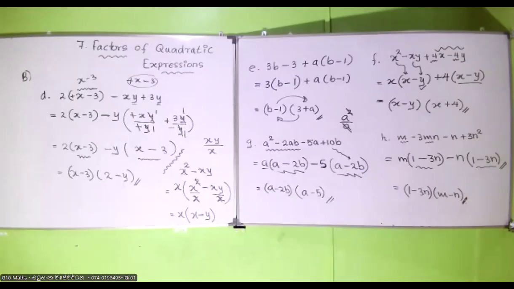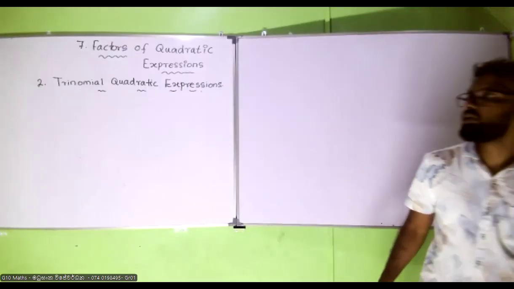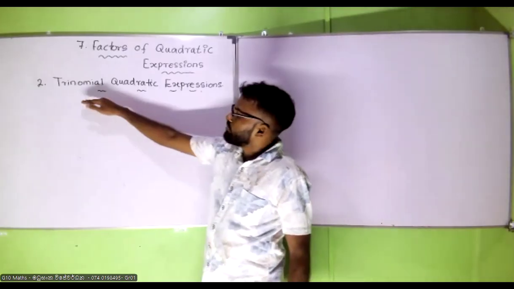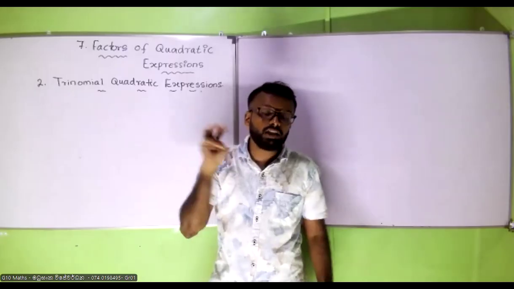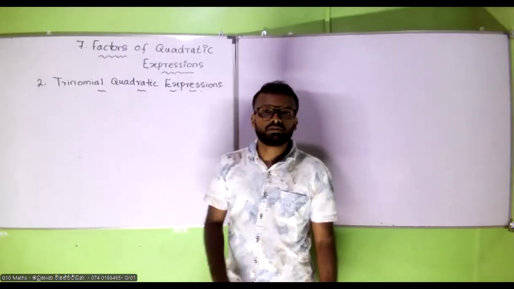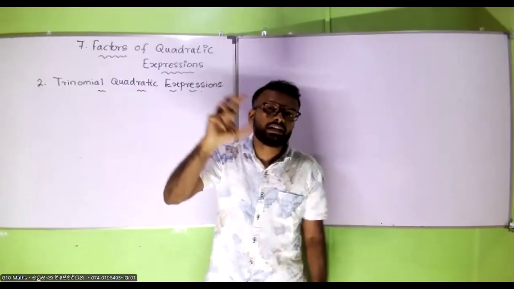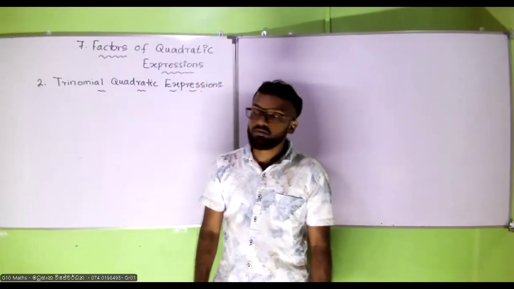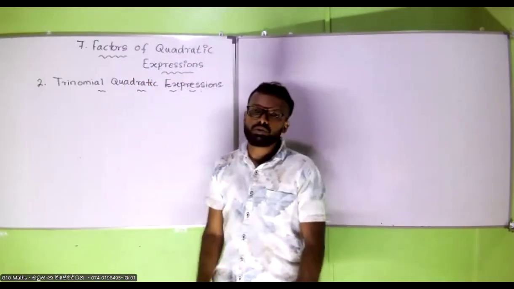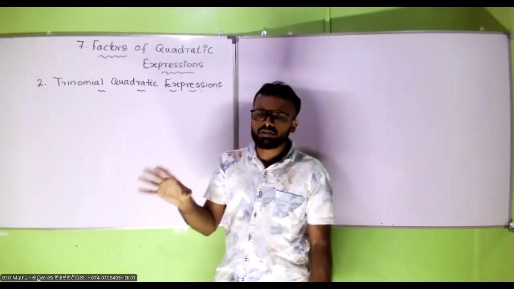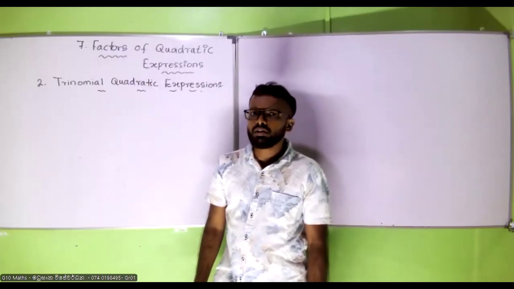Right. So, trinomial means we have 3 terms for this. So now we are going to identify the 3 terms that we have for a quadratic expression. You already know what a quadratic expression is, right?